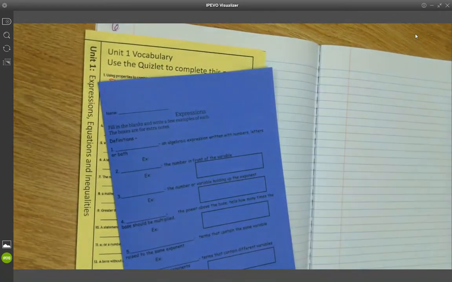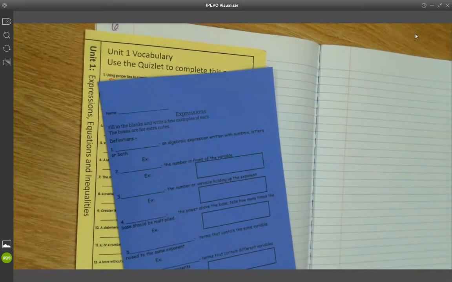Go ahead and write your name on it. In case we don't finish it and glue it in, write your name on it.